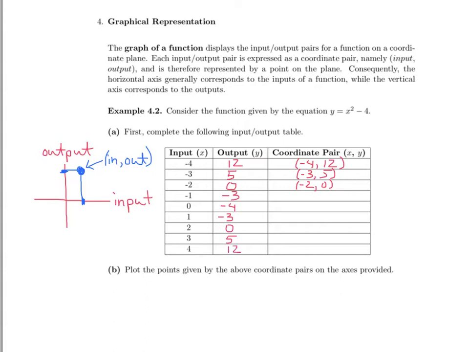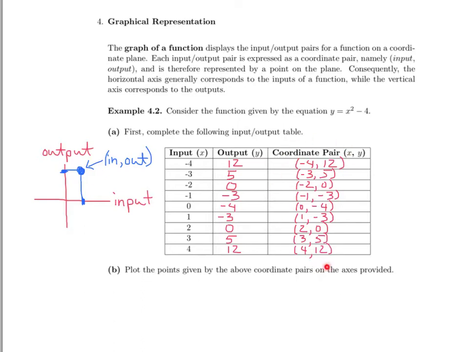So the remaining input-output pairs are -1, -3; 0, -4; 1, -3; 2, 0; 3, 5; and 4, 12.